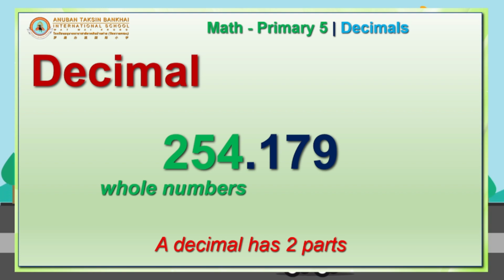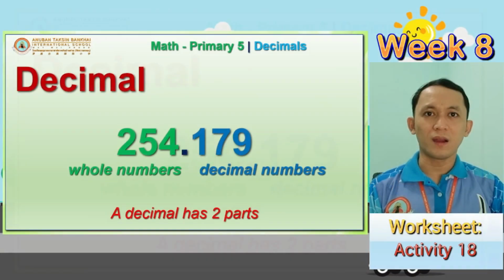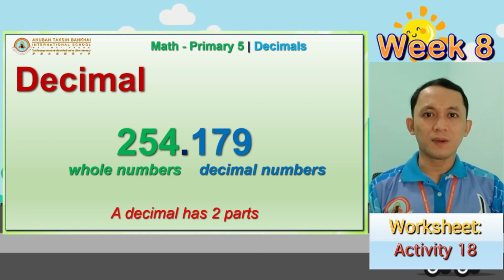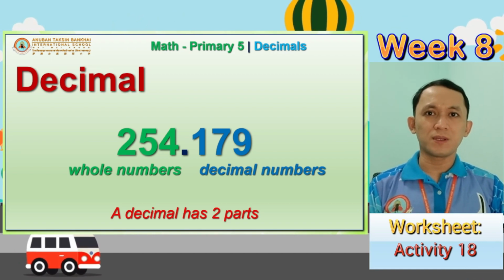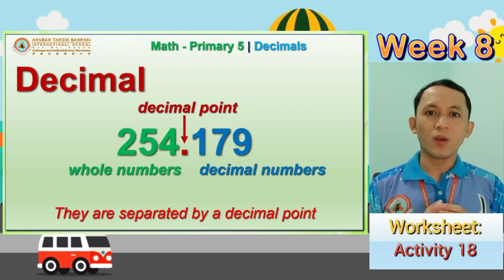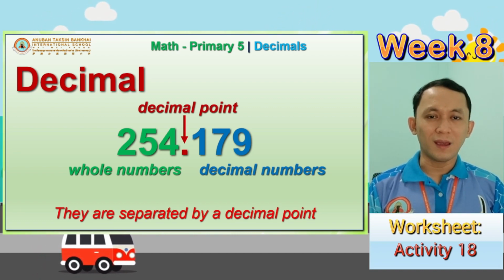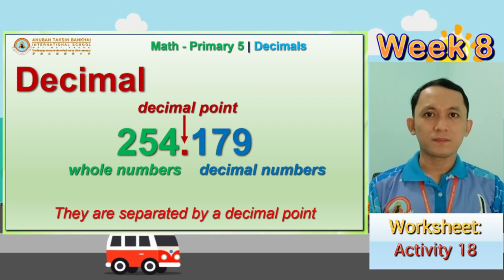And on the right side, we have the decimal numbers. So the numbers 1, 7, and 9, those on the right side are what we call decimal numbers. Now, the whole number and decimal numbers are separated by what we call a decimal point. In math, we call it decimal point.